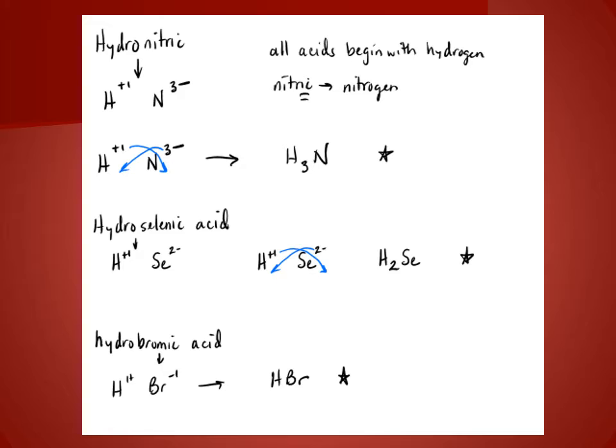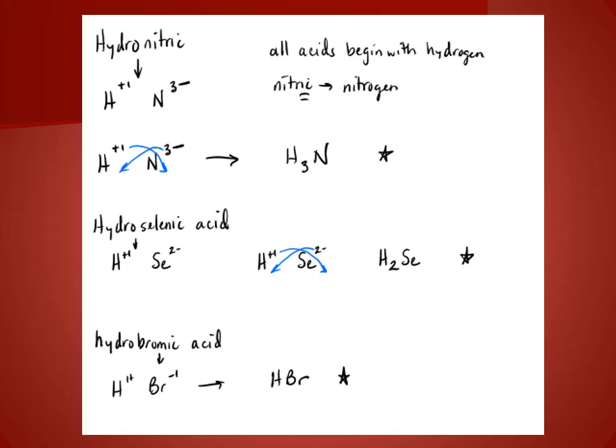Well, the 1 and the 3, because we're going to treat it as ionic, do not cancel, so of course I crisscross. When I crisscross, I drop the positive and negative signs, and now I have subscript H3N. For every 1 nitrogen, there must be 3 hydrogens. When this groups together, we call it hydronitric acid. I forgot the word acid up here. That's the final answer right there.